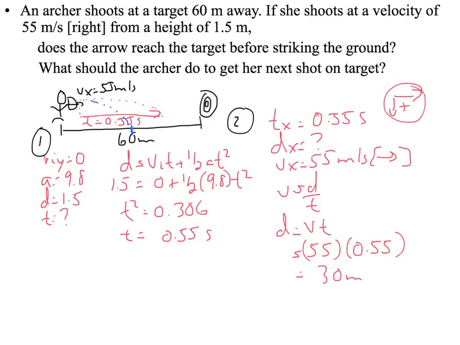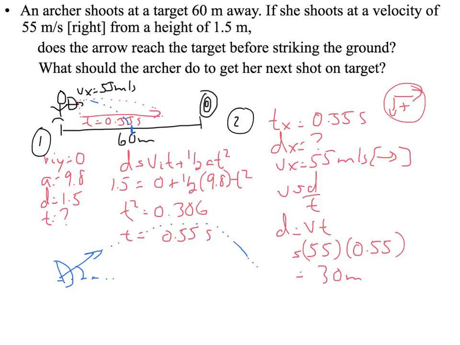The second part of the question says, what should the archer do to get her next shot on target? Well, she can do two things. She can either aim the bow so that the arrow flies at an angle, thus giving her a longer time in the air, therefore giving her a longer range, or she can simply fire it faster. A greater Vx.